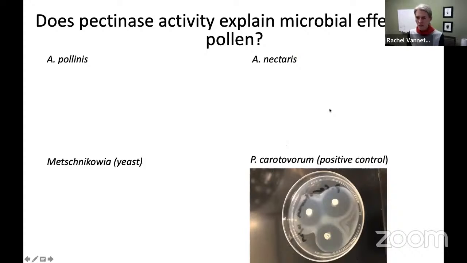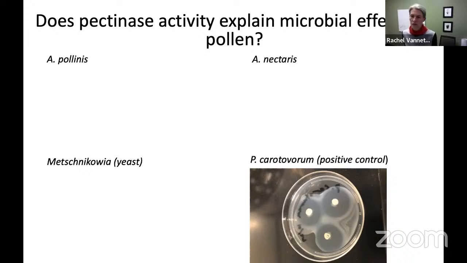Okay, so Acinetobacter seems to induce germination, and also benefits from it. But what led us to this in the first place was this potential effect of pectinases. So far, we saw that Pectobacterium had no effect on pollen germination. So we wanted to do one more assay to see, do these strains actually produce any detectable pectinases?